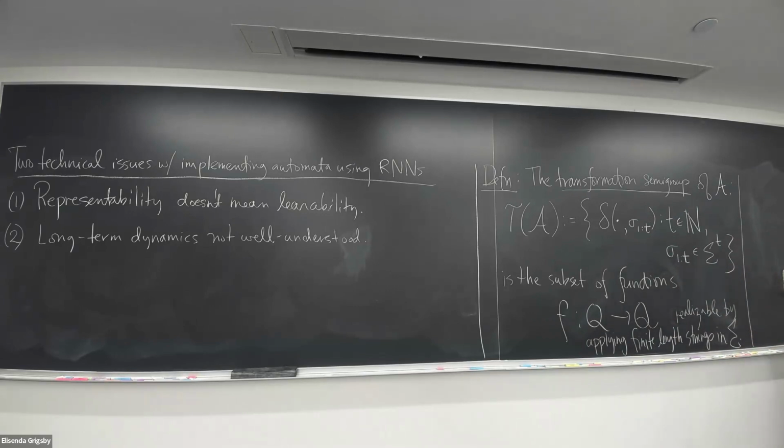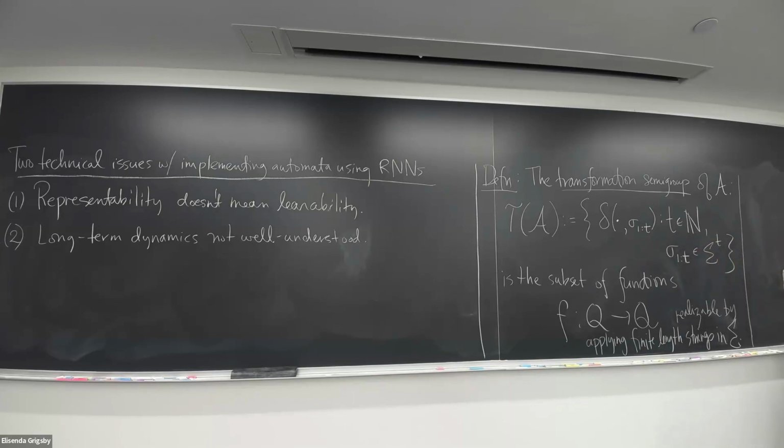So if we think about this a little bit, it's a semigroup because you don't necessarily know that these functions are invertible. But you do know that you can compose them, so there's a binary operation, and that binary operation is associative. And if you allow the empty string, then it's actually a monoid because it has the identity element.